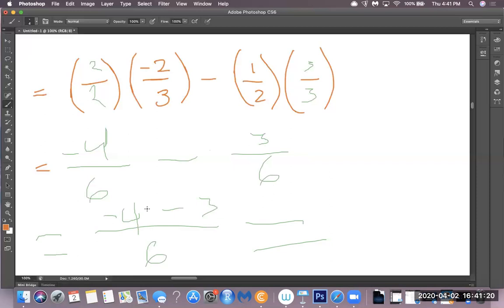So he owes 4 and he owes 3. How much does he owe? Just 9?